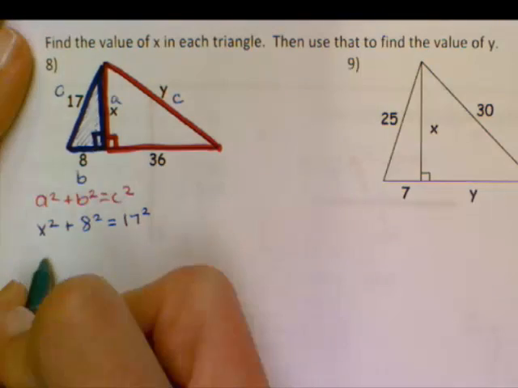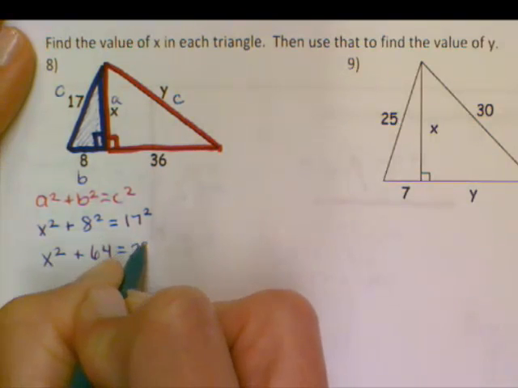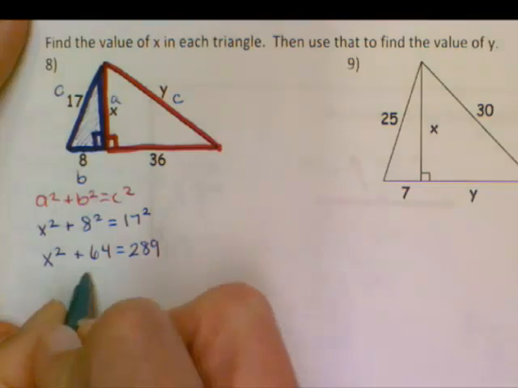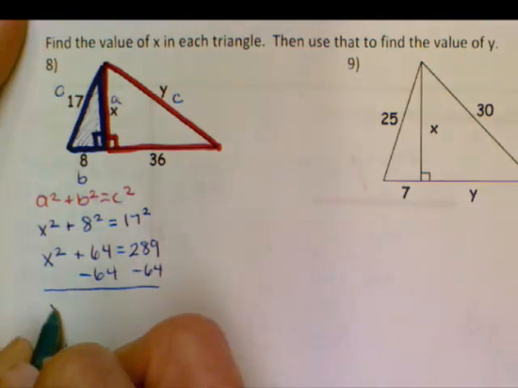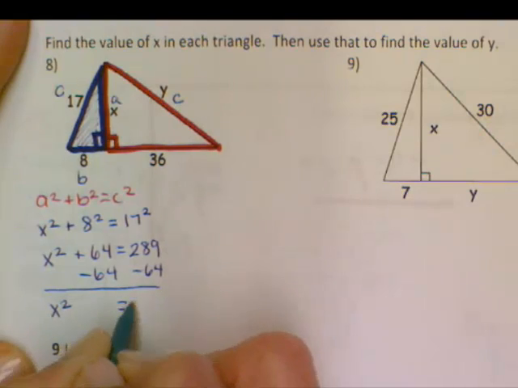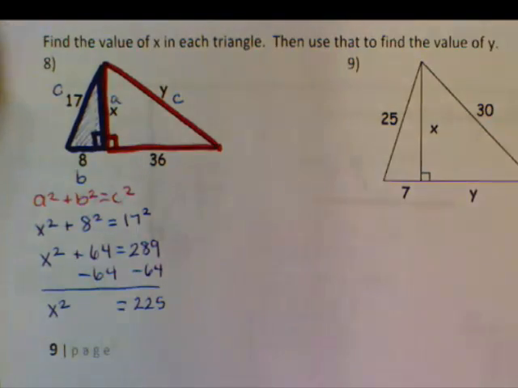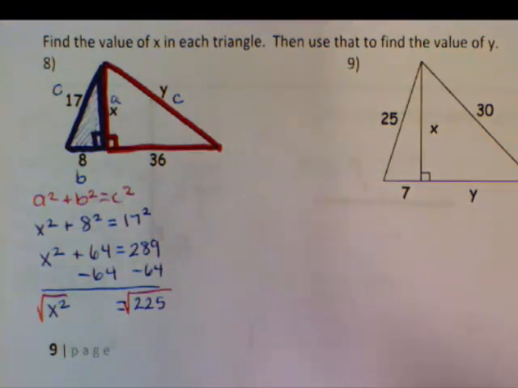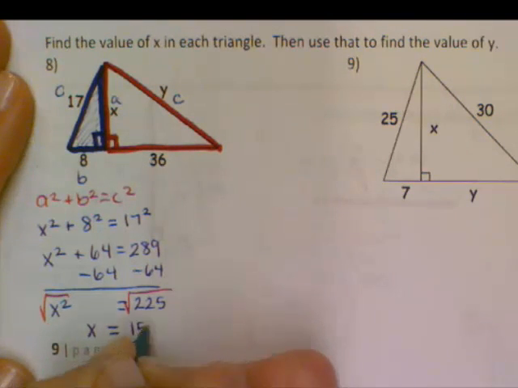So we have x squared plus 64 equals 289. We can subtract 64 from both sides. So x squared is 225. We'll square root both sides. So we find that x is 15.